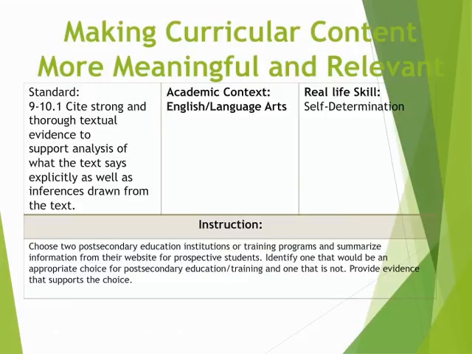So think about two post-secondary educational institutions or training programs that you are interested in and summarize the information that is given on their website for prospective students. Identify which of the two is better for you and then have evidence of your choice. This is a great example of choice making or decision making, and students with or without disabilities can participate in this activity.